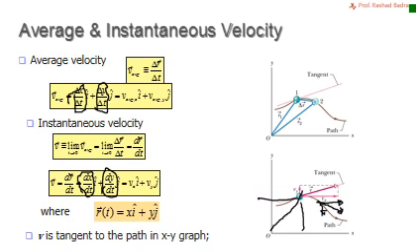This is the way we define the velocity, and we can find also its magnitude and direction at each instant on this curve. Also, we can find the position vector at any time on this curve.